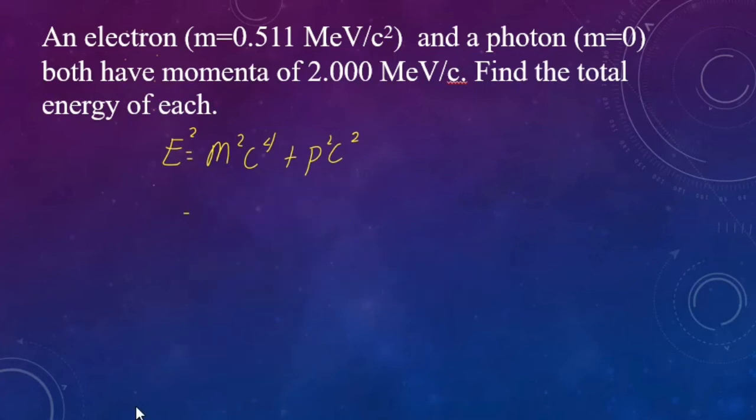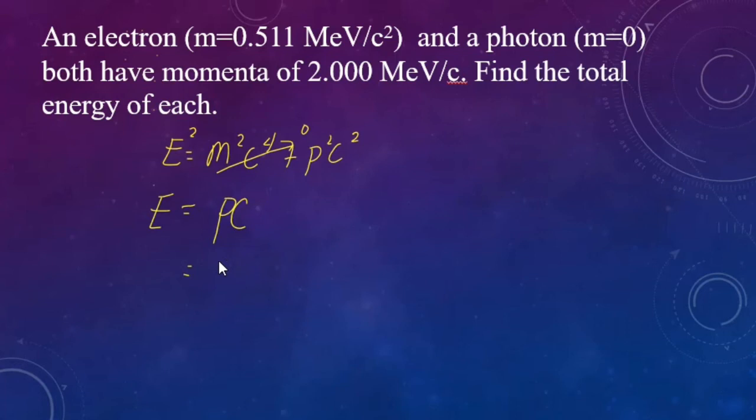Okay, so let us continue solving for the photon. Take note that the mass of the photon is 0, so it's a massless particle. So the energy is just equivalent to the square root of p squared c squared, which will just become pc.